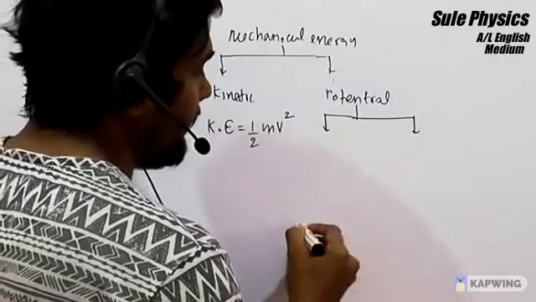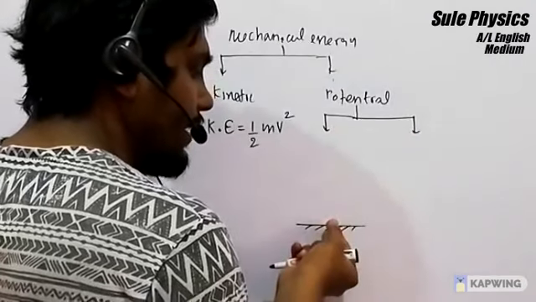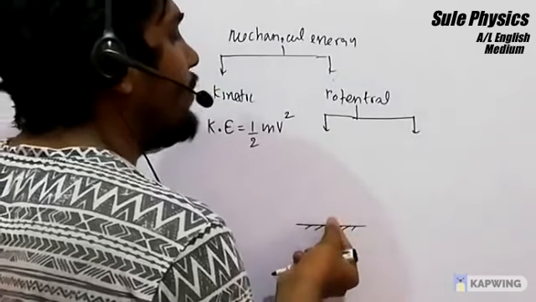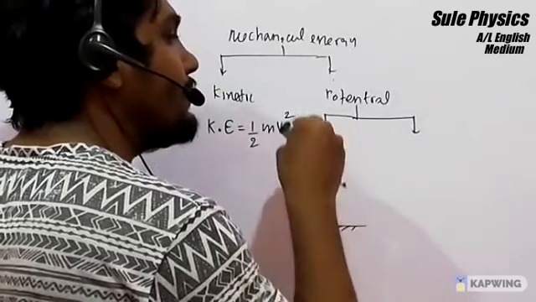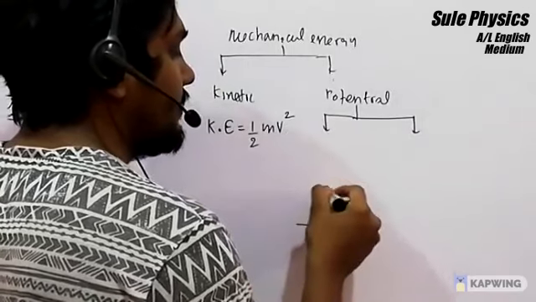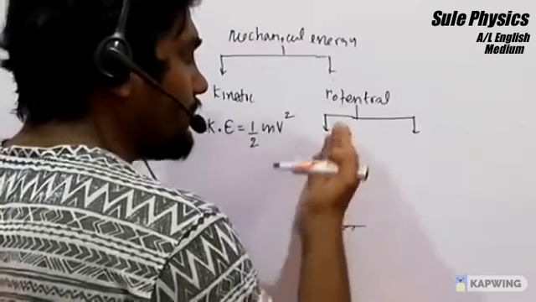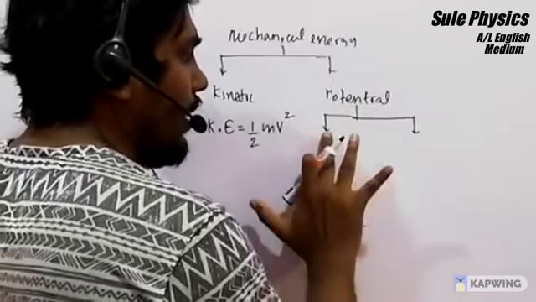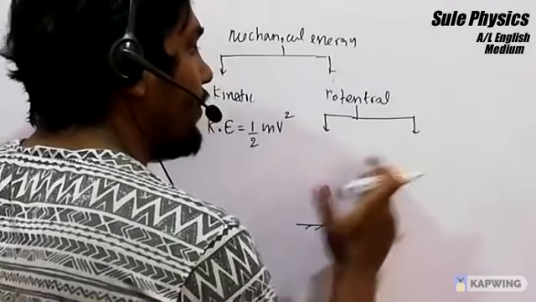For example, if this is your ground level, when you move an object far from the ground, due to the elevation, a kind of energy is stored in that object. So that energy is called potential energy, right? There is another form of potential energy as well. I'll come to that point.